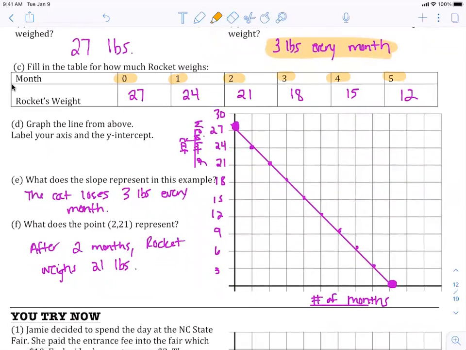Now for this one, if you stopped here, that's okay. I realize, again, I forgot to give you the scale. But either way, no matter what, you would start up at 27, and then you would plot each of your different points. So after 1 month, we were up at 24 pounds total. At 2 months, we were at 21. 3, so on and so forth.